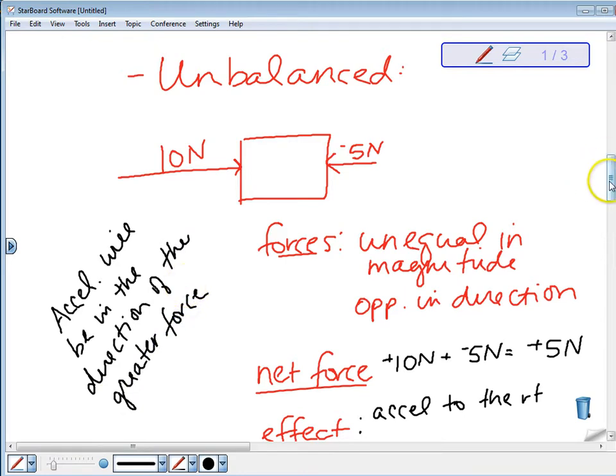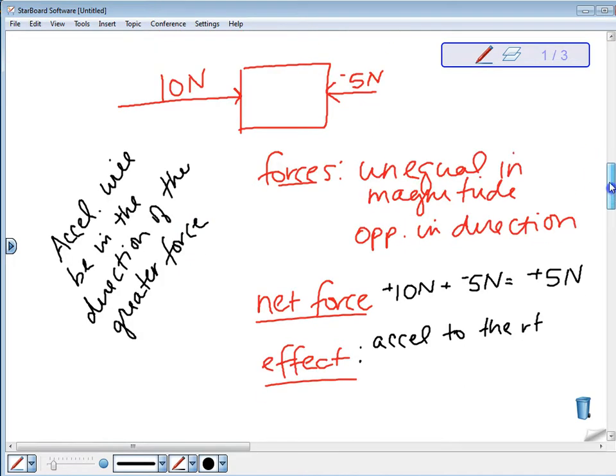Okay, now remember when I say acceleration, I can mean to speed up, to slow down, or to change directions. So if this object were sitting still, then it's going to accelerate, it's going to speed up and move to the right. If this object is already traveling very quickly to the left, then it might just slow down because the acceleration would be in the opposite direction of its velocity.